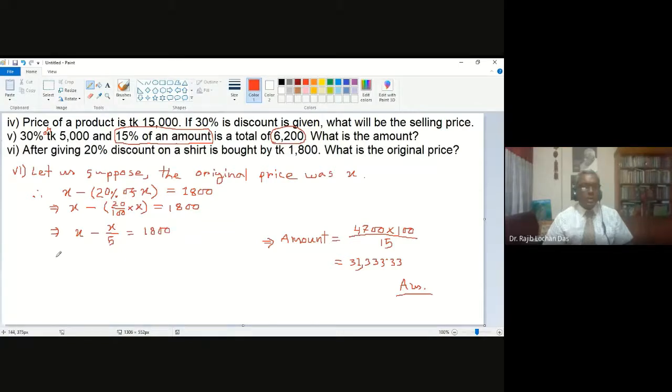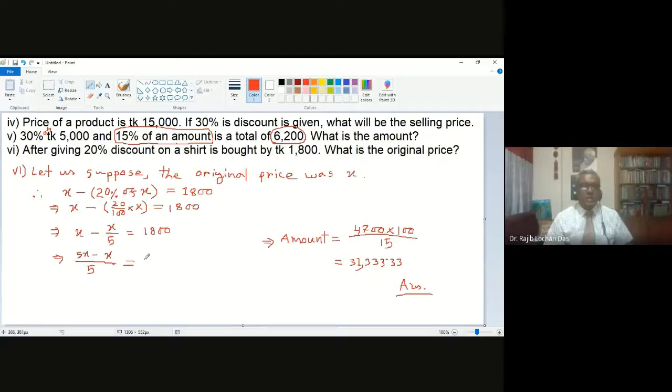Now you do the calculation. 5 is your LCM. So it will be 5x minus x, because 5 is the LCM, then 5 divided by 5 is 1, 1 into x is 1x.